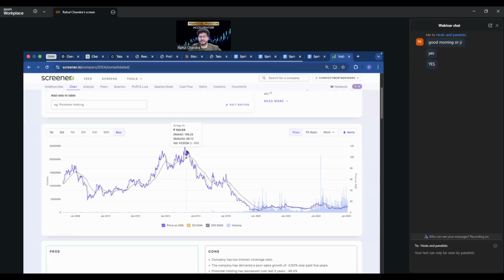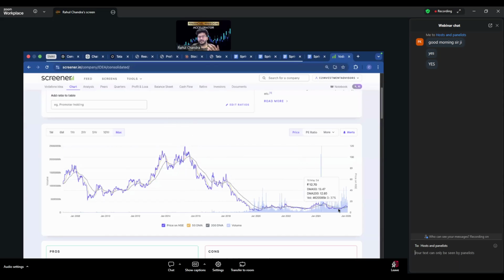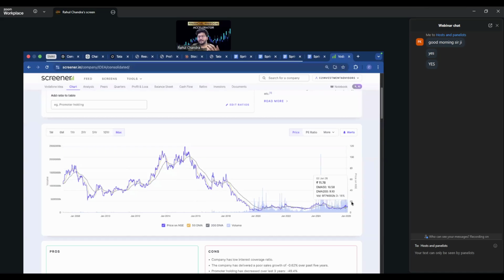And what happened as a result? The market sees this, right? From a profitable company, if you turn into loss making, what happens to the price of the stock? All the way from 110, 120 odd levels, even after 12 years, it is still below 20 rupees. So tell me something.